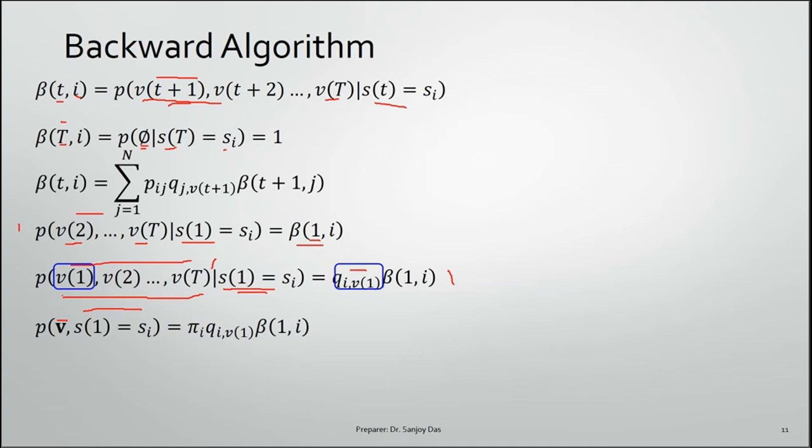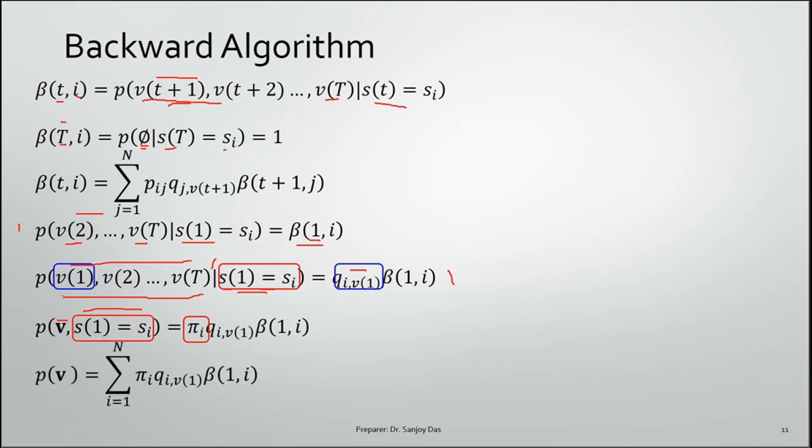And how is that accomplished? This is the difference. The condition above is moved to a joint event, and that's because I multiplied it with pi_i. Pi_i is the probability of S_1 equals S_i.